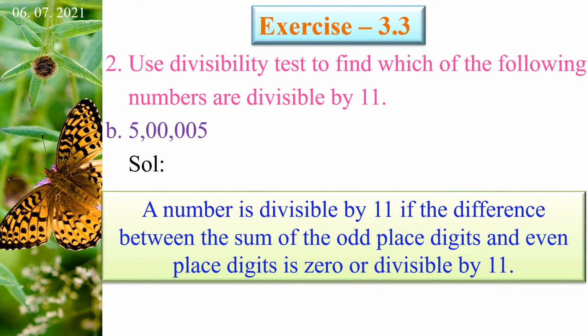Third one, sum of even place digits. So finally, find the difference between the sum of odd place digits and even place digits. Here if the result is 0 or a multiple of 11, the given number is divisible by 11. Otherwise it is not divisible by 11. Okay children? Let's see the next step.